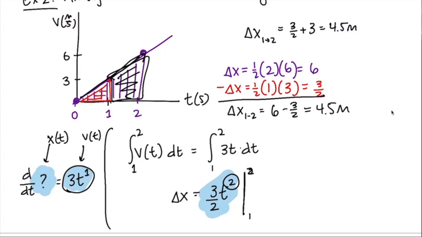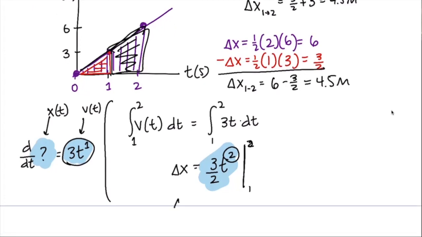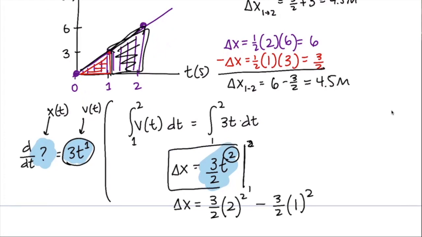And what we do is we plug in a difference. The displacement is the final, so 3/2 of time equals 2 squared, minus the initial, 3/2 of time equals 1, 1 squared. So I'm saying the displacement is 3/2 t squared for any moment in time, and let's evaluate that from the initial time 1 to the final time 2.